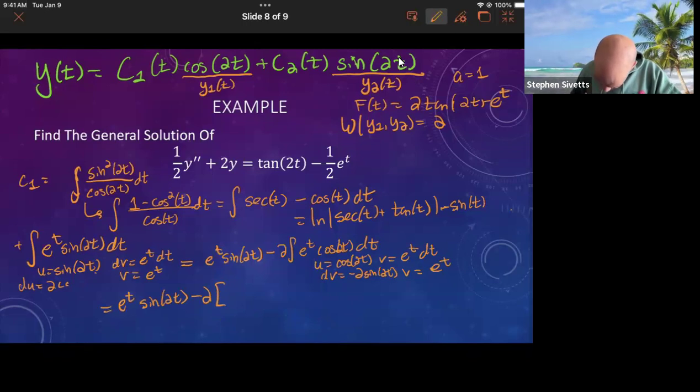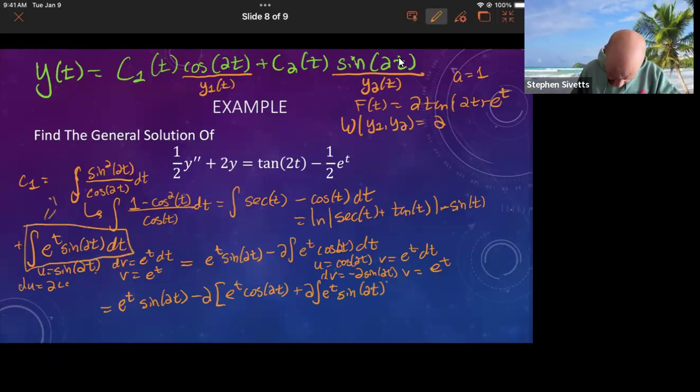e to the t cosine 2t, and then I'll have a plus 2 times the integral of e to the t times sine 2t, which we had at the start.